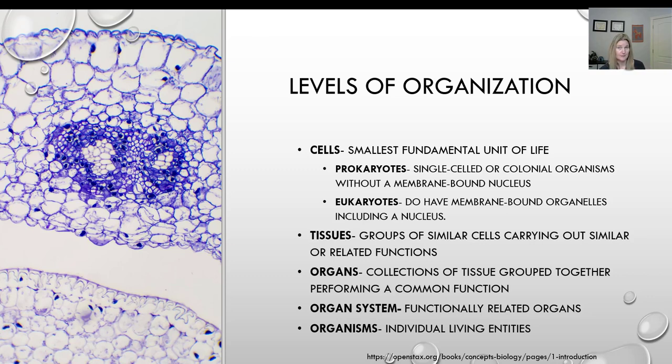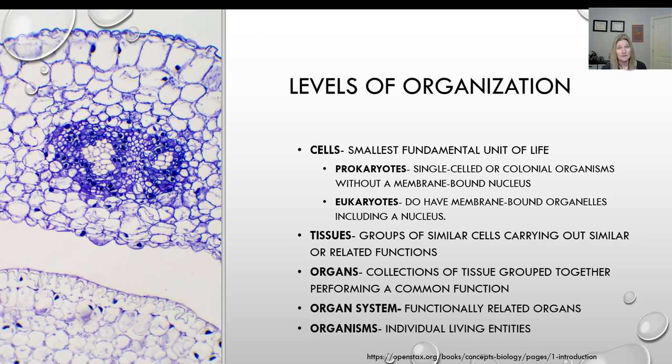It has muscular tissue that contracts and pushes the blood in and out of the heart. It has nervous tissue sending electrical impulses to stimulate the contraction of the heart. And it has connective tissue, blood being a type of connective tissue that carries oxygen through the body. So organs are just collections of tissue that perform a function.